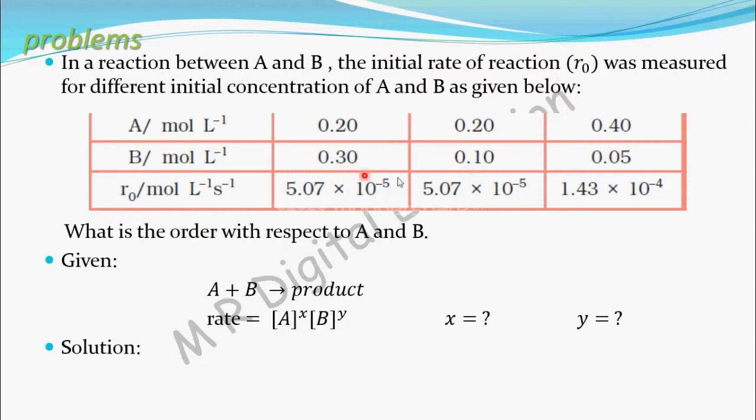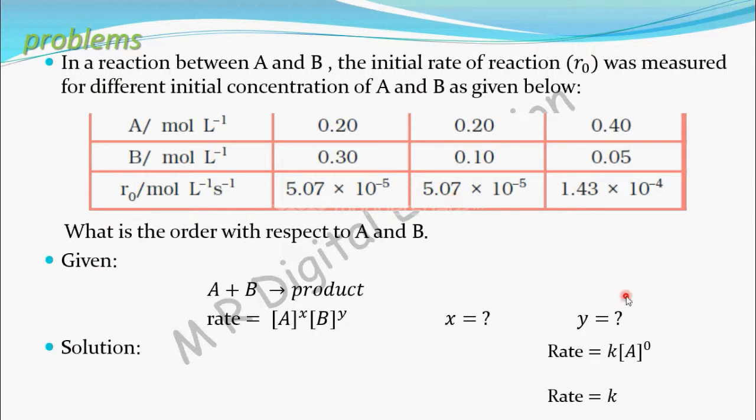See how much rate is decreasing. 5.07 into 10 to the power minus 5, 5.07. No, it is not decreasing, it remains the same. Even though concentration of reactant B is decreasing, reaction rate is remaining the same. This means order with respect to B is zero.